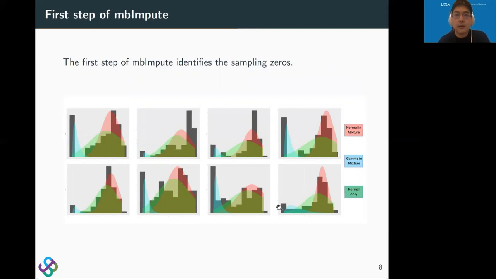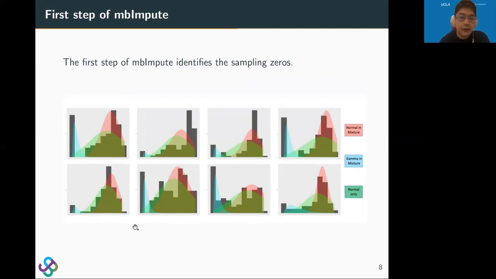Then we think the zeros are just a result of the biological variations in the abundances, so we will not treat those zeros as false zeros we need to correct for. Does that make sense?